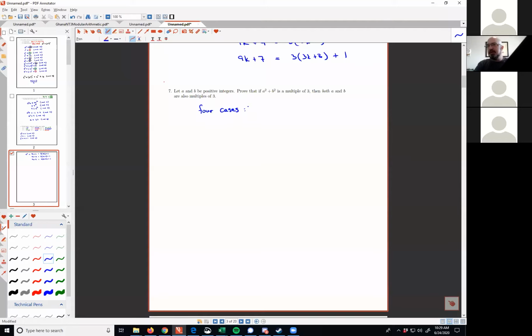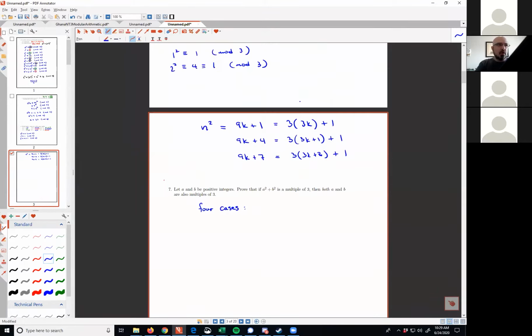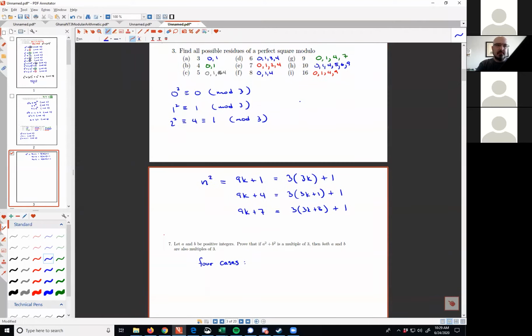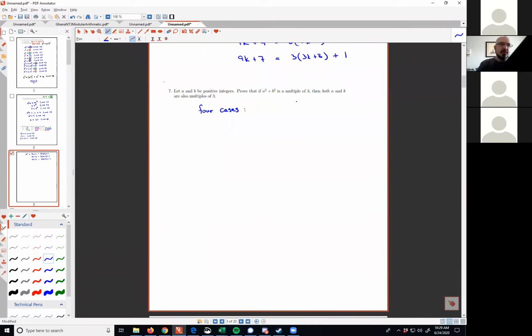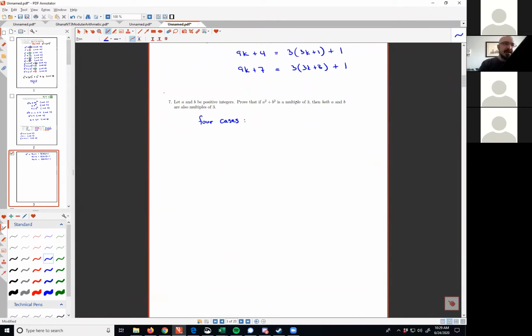What can we say about this perfect square modulo 3 from our work earlier? It only has possible residues of 0 and 1. So I'm going to try that for each a and b.